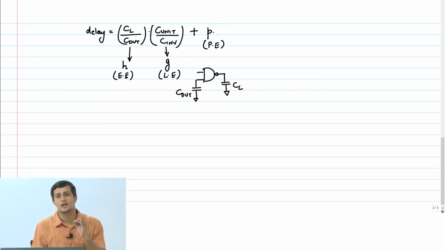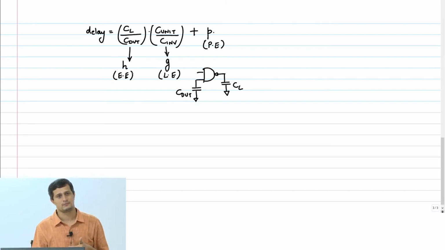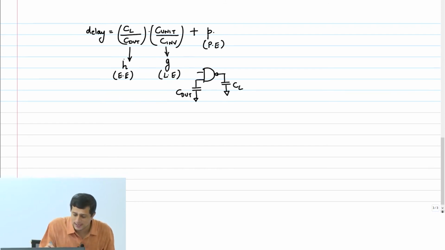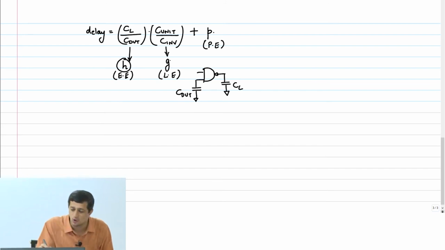The electrical effort depends on the drive strength of the gate. If I have a 1x gate, then it presents less capacitance. If I have a 10x gate, the gate has been upsized by a factor of 10, then it presents a larger capacitance and therefore the electrical effort will change. So this is the guy that actually captures the sizing part of the gate. The G only captures the logical part.